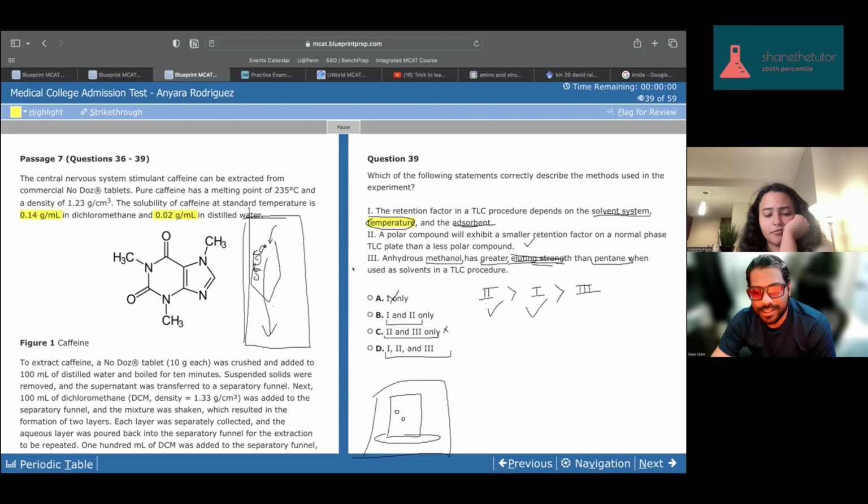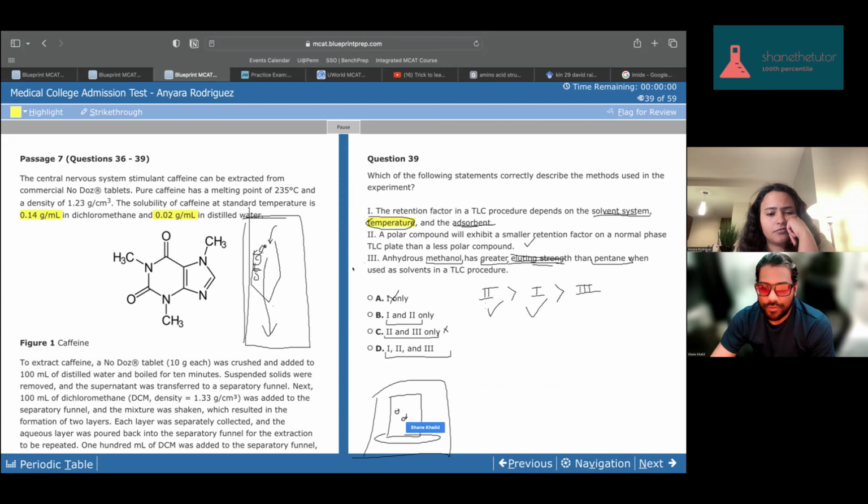So we can say that if I'm separating a molecule that has a really large affinity for the stationary phase compared to the mobile phase, that elution strength should be going up.